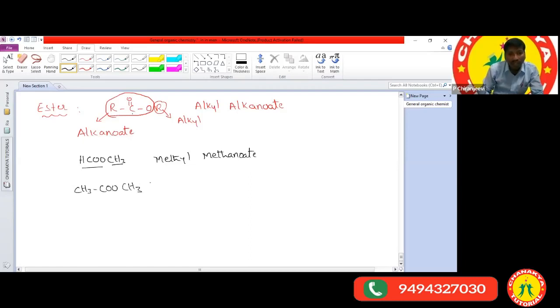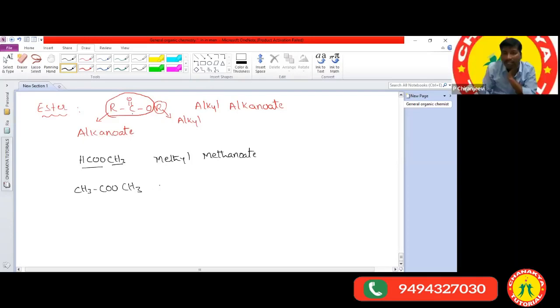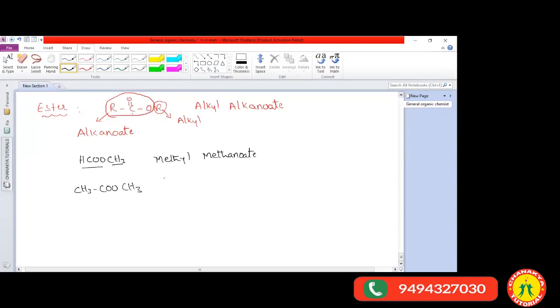Similarly, if I write CH3COOCH3, what is the IUPAC name of the given compound? Anjan, what is the name? Methyl ethanoate. Very good, Anjan.